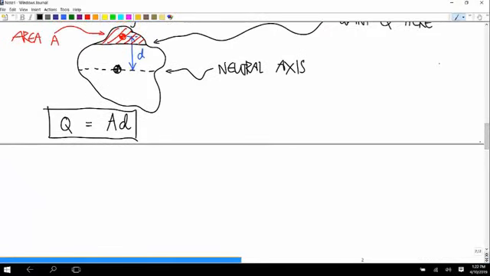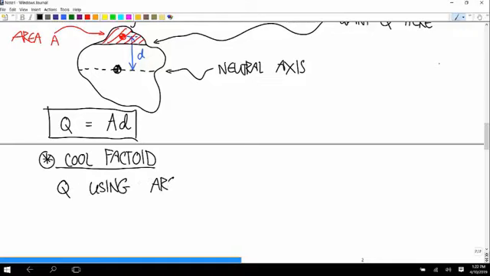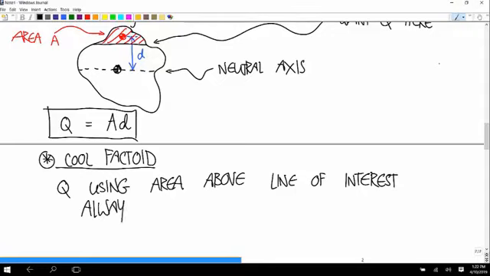One really interesting mathematical fact, a cool factoid, it makes you want to try to prove it: Q using the area above the line of interest always equals Q using the area below the line of interest.